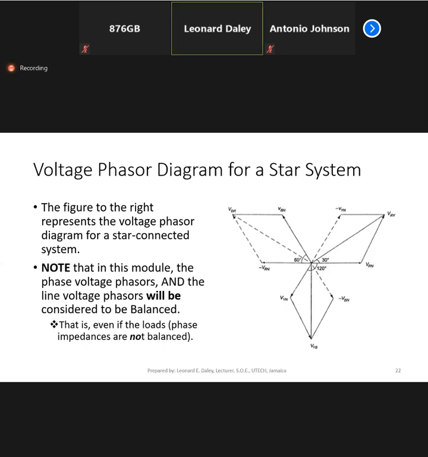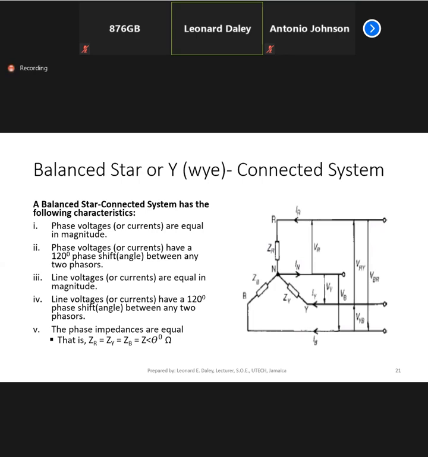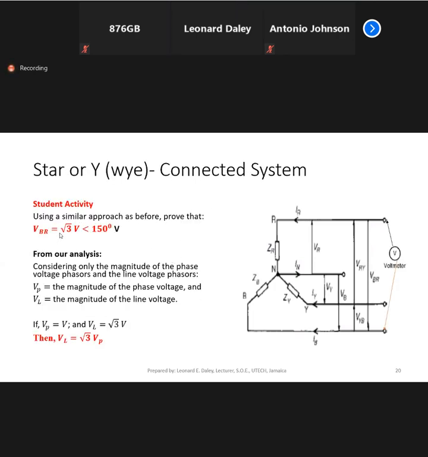Sir, for clarification, would the line voltages be equal to themselves, or also equal to the phase voltages? You tell me. They are equal to themselves.